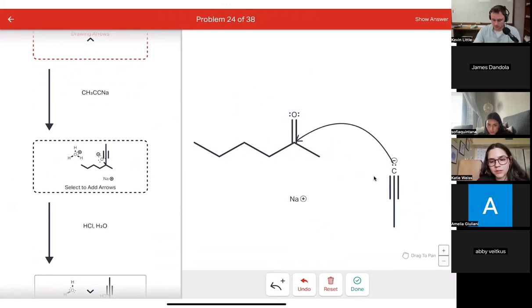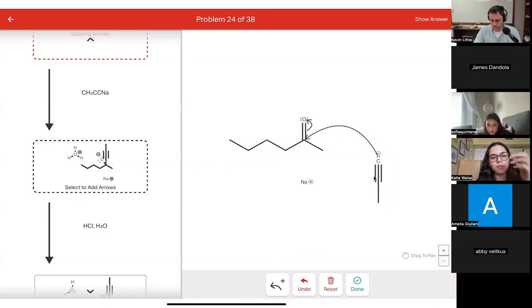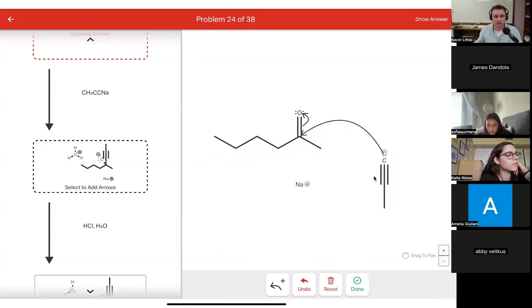This double bond is broken. Where do the double bond electrons go? In the next picture, this oxygen has a negative charge, so it got those electrons. So those have to be my arrows to explain the next picture. That's how I want you to think about it: how can these arrows explain the next picture?